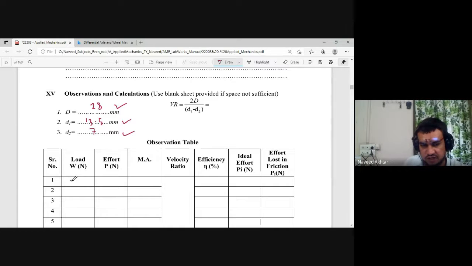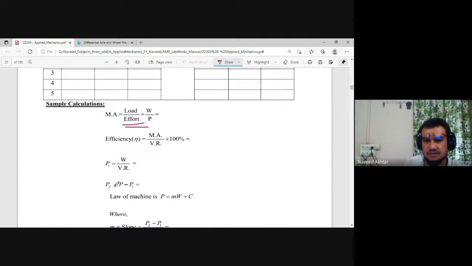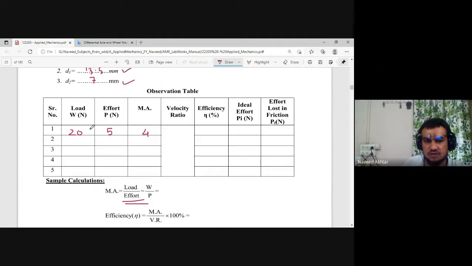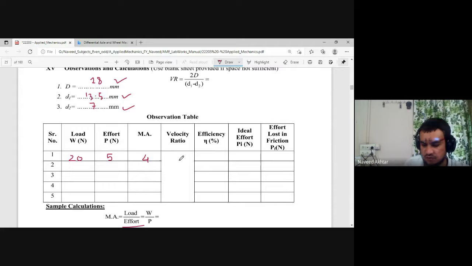If load is 20 Newton, you apply, the effort required is 5 Newton, then you have to find out the mechanical advantage. Mechanical advantage is nothing but load upon effort. So 20 divided by 5 will be 4. Then you have to find out the velocity ratio, maybe 8.62 something.